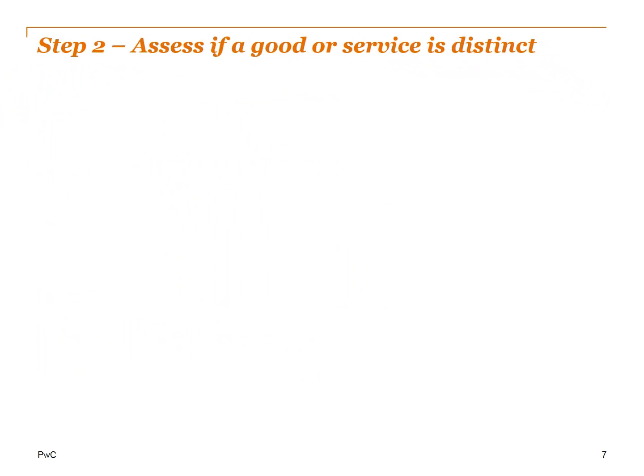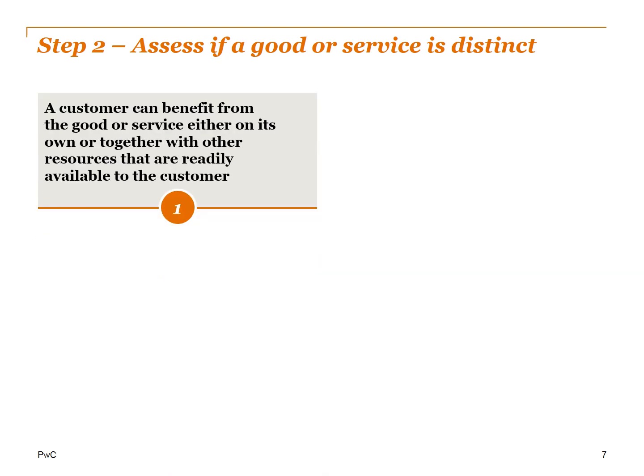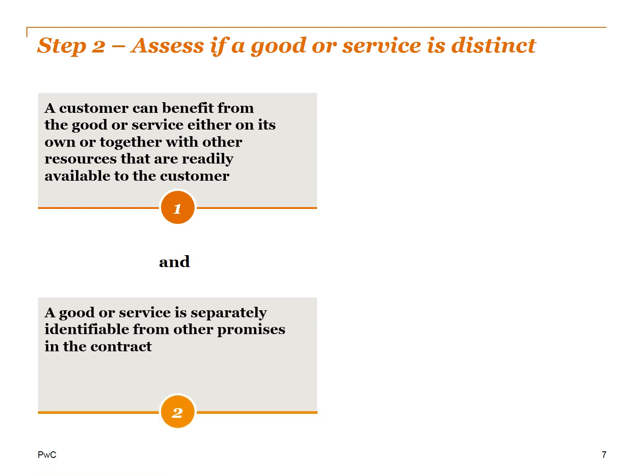What are the criteria to determine whether a good or service is distinct? Firstly, a customer can benefit from the good or service either on its own or together with other resources that are readily available to the customer. That means the good or service is capable of being distinct. And a good or service is separately identifiable from other promises in the contract.